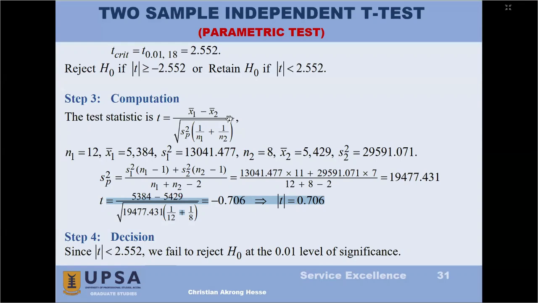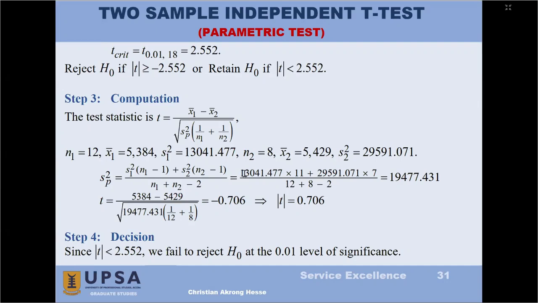x1 minus x2. First, we determine our pooled variance. I'm on the computation now. So that will be S1 squared times N1 minus 1, plus S2 squared times N2 minus 1, all over N1 plus N2 minus 2.